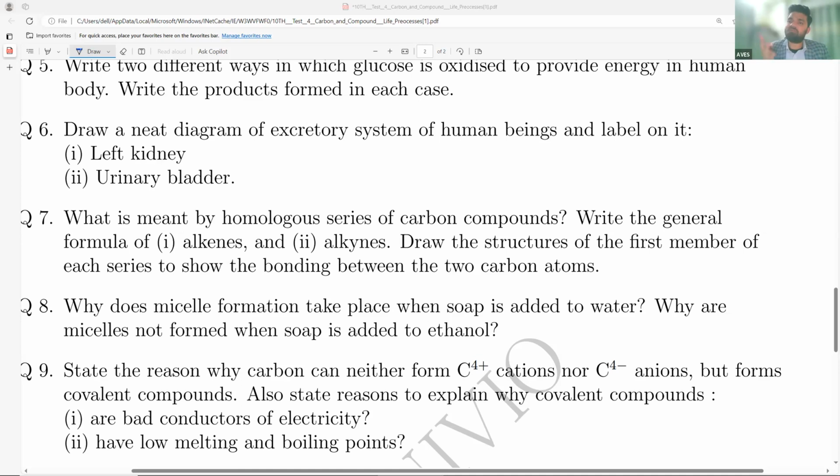If we are talking about ketones, the next one should be a ketone, and the third one should be a ketone. All the members should be ketones. You cannot say that you are taking one ketone and another aldehyde. This one is an aldehyde, propanal, and this is a ketone.